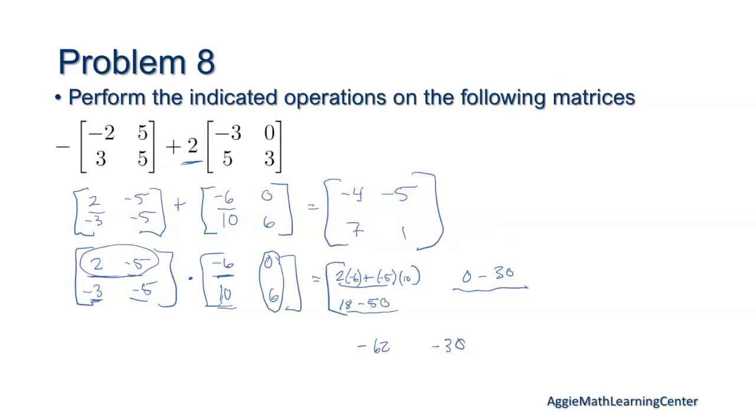And that's going to turn into like -32. Then same thing, except now we're looking at this spot right here. -3 times 0, 0. And -5 times 6, -30. Look at that.